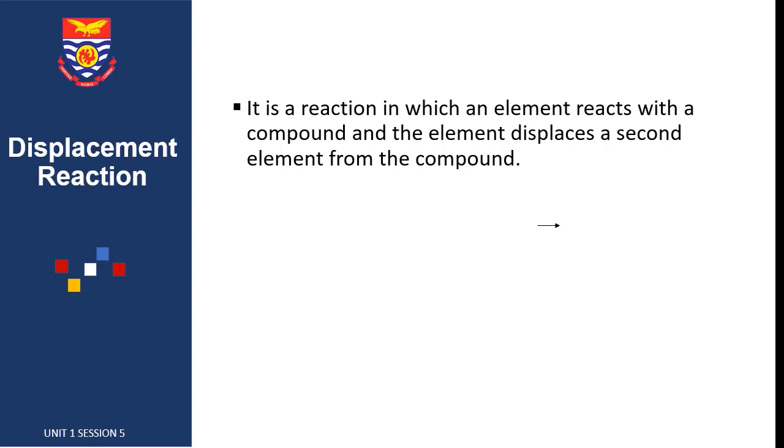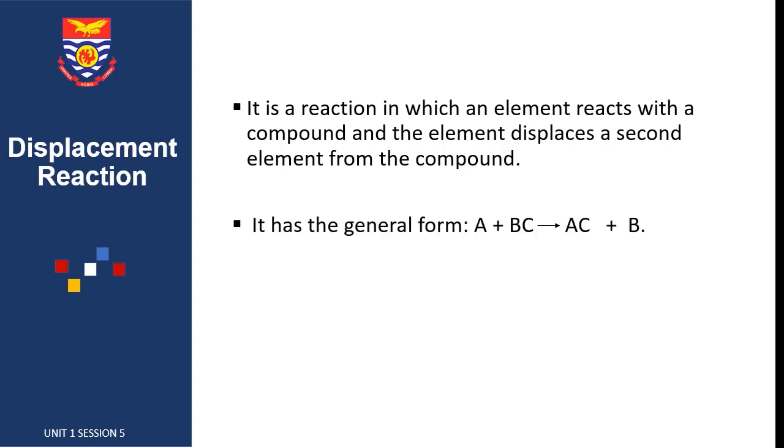So you would have that one element going into the compound and displacing one element out of the compound. Then it will take the place of that element. So at the product side, we expect two products.